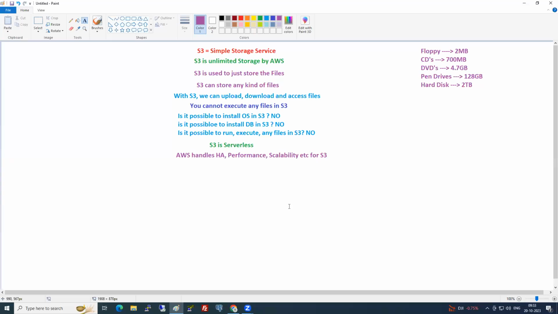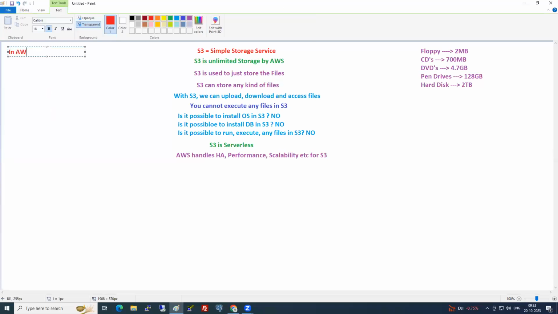I'll write that here: in AWS, all services will start with simple and end with service.